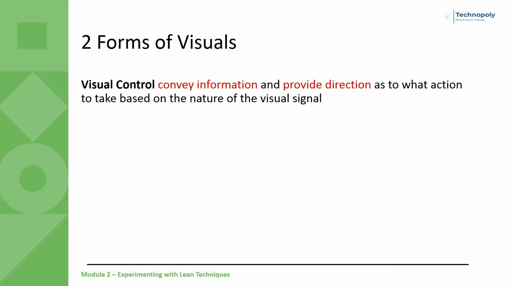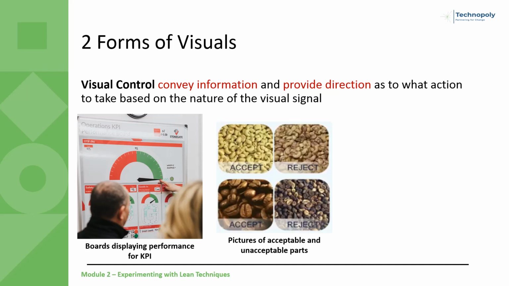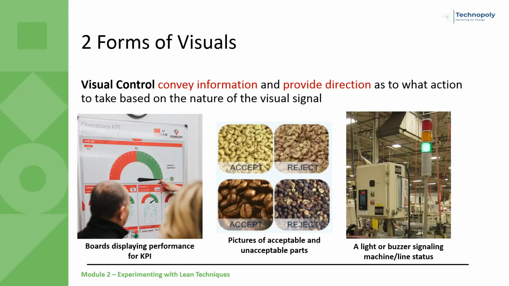Visual controls convey information and provide direction as to what action to take based on the nature of the visual signal. Some examples are boards displaying performance for KPI, pictures of acceptable and unacceptable parts, a light or buzzer signaling machine or line status.